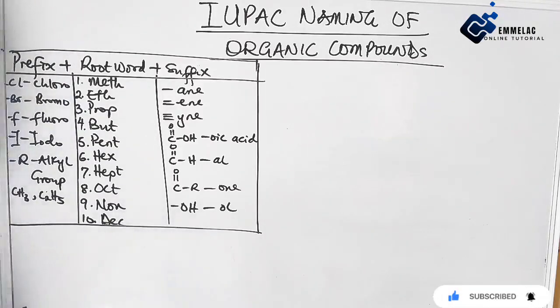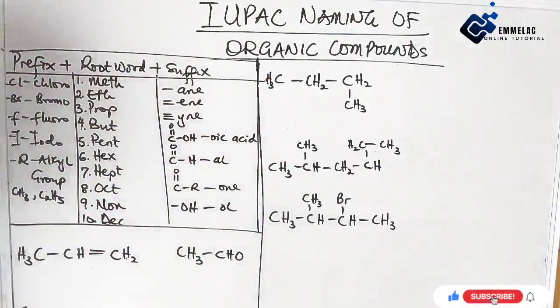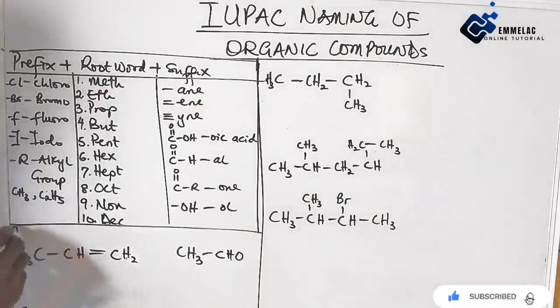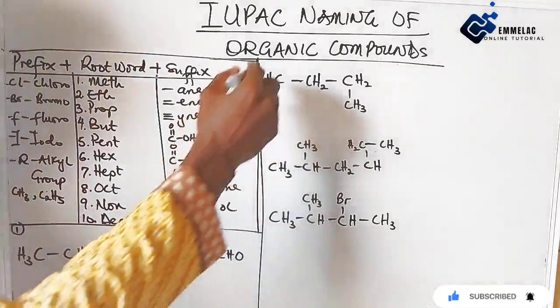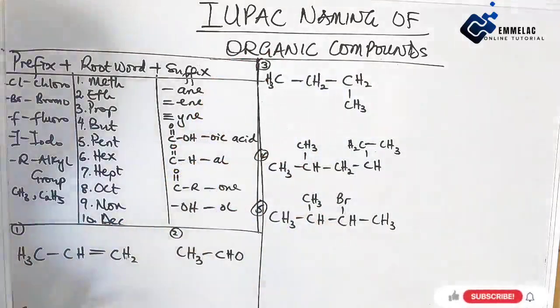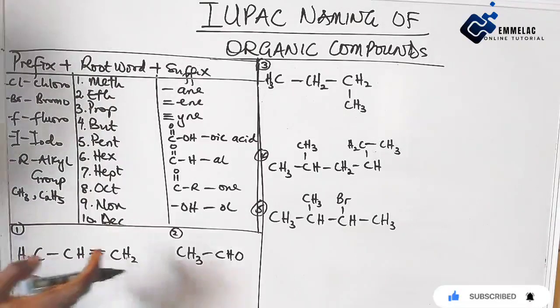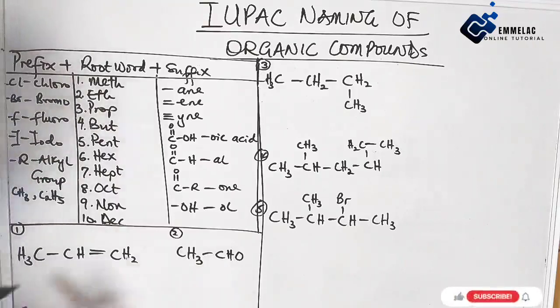With this we'll get to understand how to name organic compounds in chemistry. Let's look at these examples on the board. Here's number 1, number 2, number 3, number 4, and number 5. Let's start by first of all identifying the root word, that is the number of carbon atoms, and let us ensure we look at the longest possible chain.